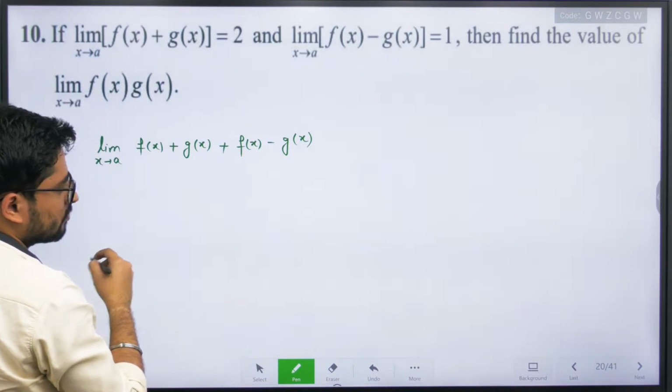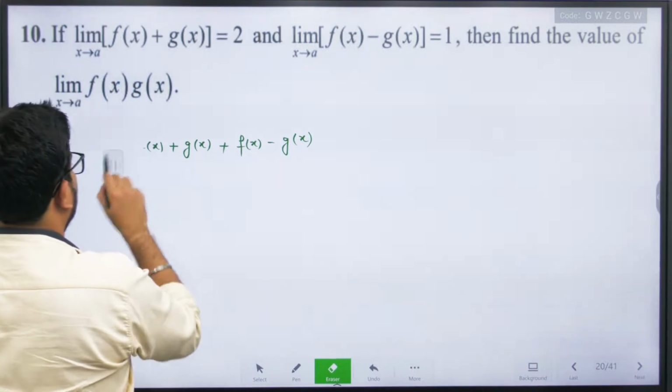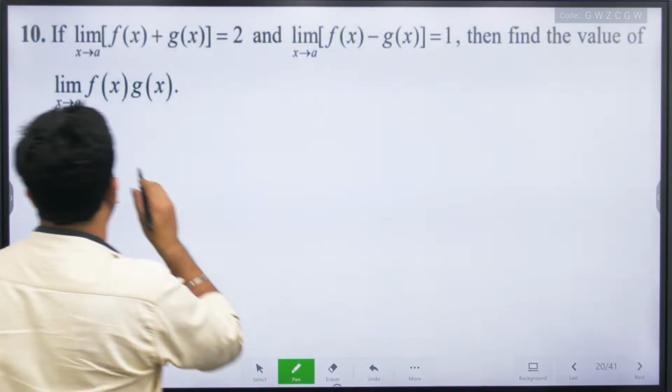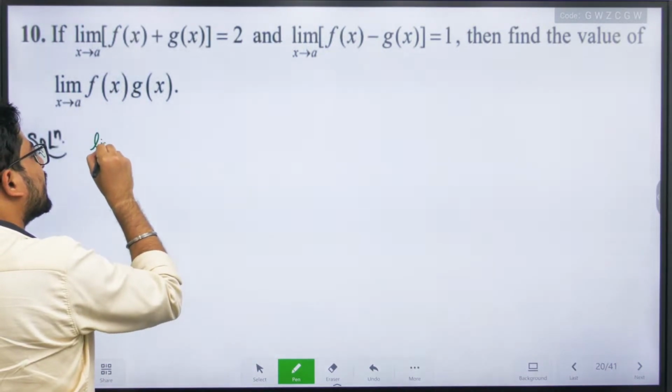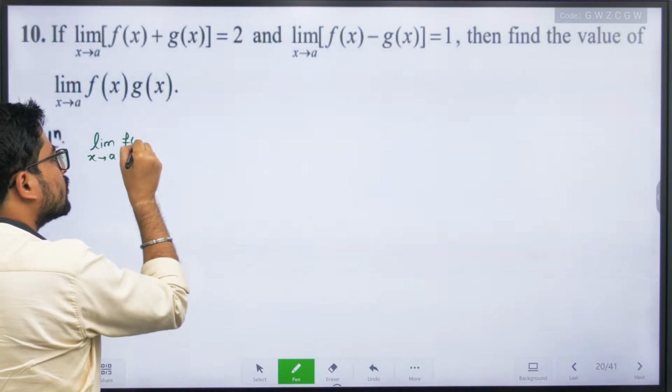Or in a more appropriate way, you want f(x) times g(x). So let's calculate the limit as x tends to a of f(x).